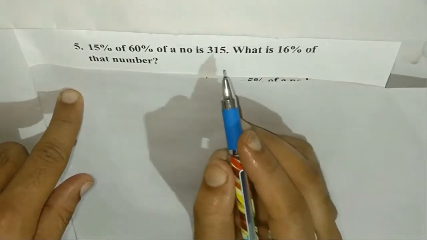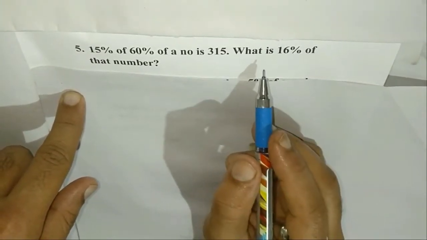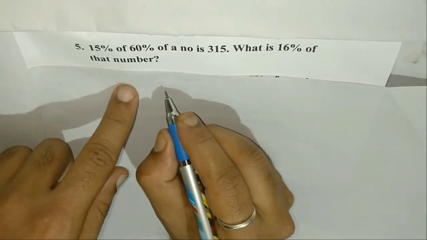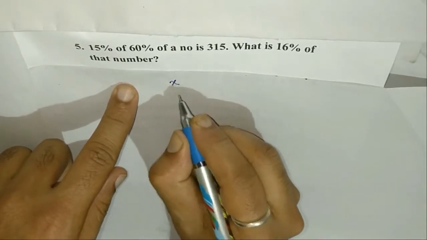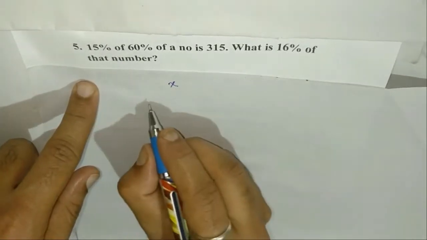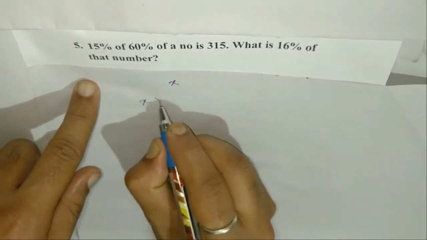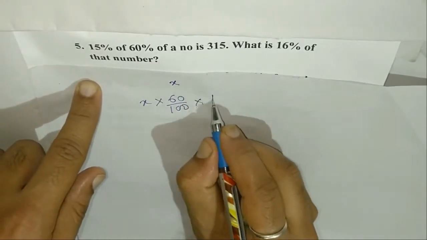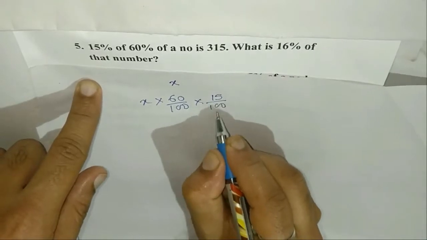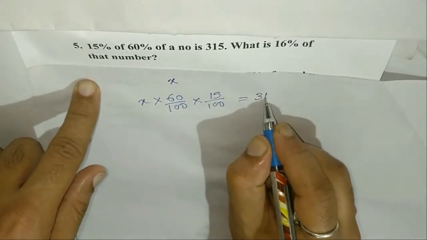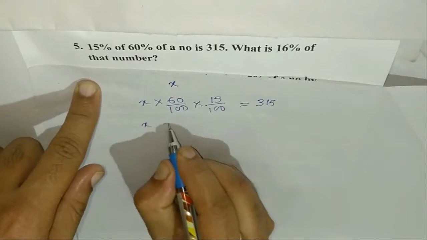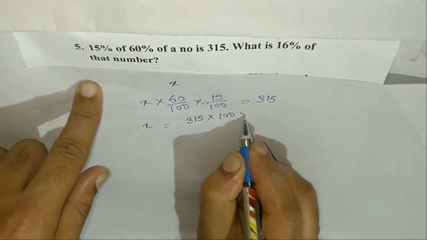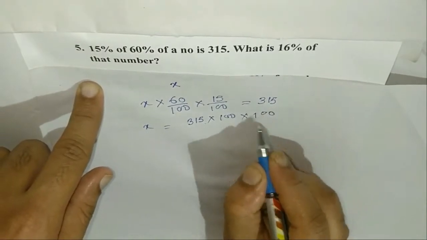Here the number is not given, and we have one equation: 60% of 15% of that number is equal to 315, and we have to find 16% of the same number. That is our question. So let us assume the number is x. Now what is 60% of x? X into 60 divided by 100, and then we multiply with 15 by 100 because we need to find this percentage, and this is equal to 315 as per the given statement.